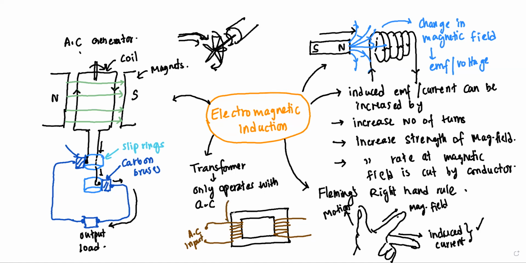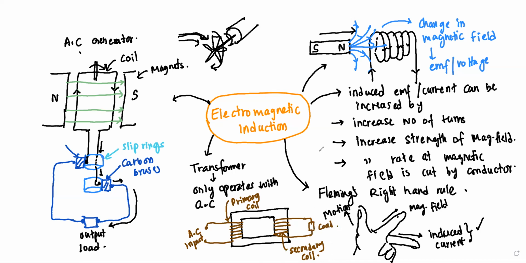Here's the primary coil for that. And then we have a secondary coil, which we call the output, which is connected to an output load.